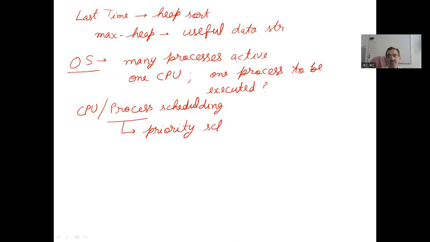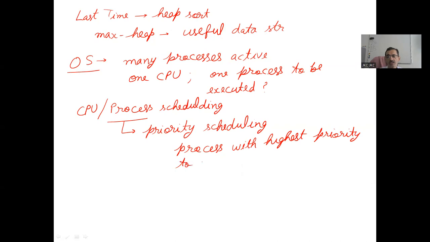Priority scheduling means the process with the highest priority should be executed first. And that will mean I should find out which process has the highest priority.